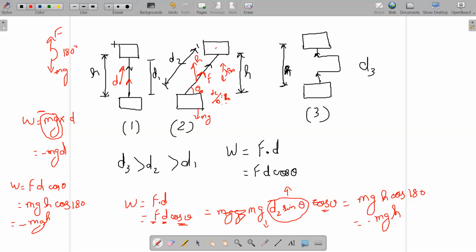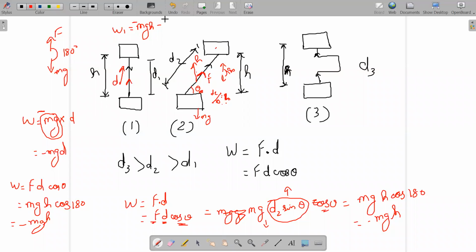Therefore the work done in case 1, W1 will be mg into h, the normal work done if there was no friction. Then we will have what? A plus will be there. Like for example, the work done in this case is negative mgh, right? Because the force of gravity is acting downward, and there is a motion in upward direction, so minus mgh as we have seen here.